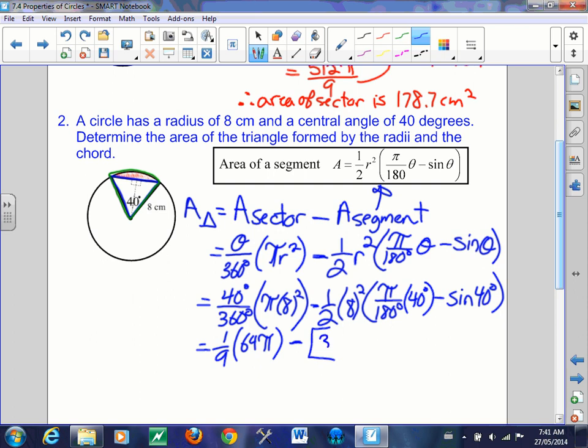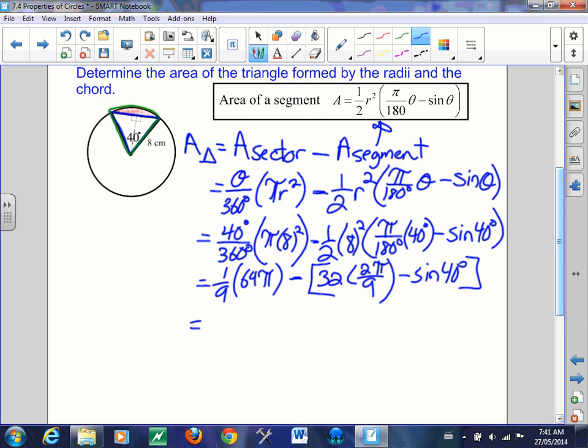So it's going to be 32 times, use your fraction button here. 40 fraction button 180 is going to give you 2/9, and then you times it by pi, so 2 pi over 9. And then subtract sine of 40 degrees.